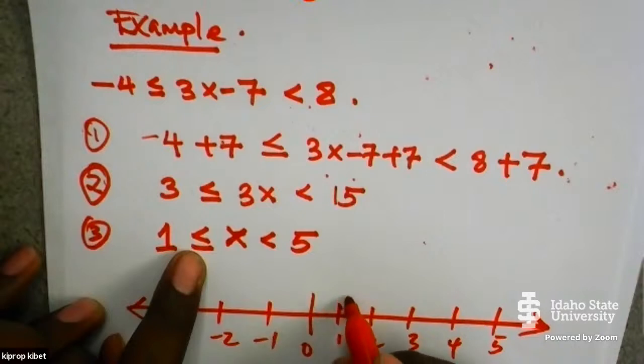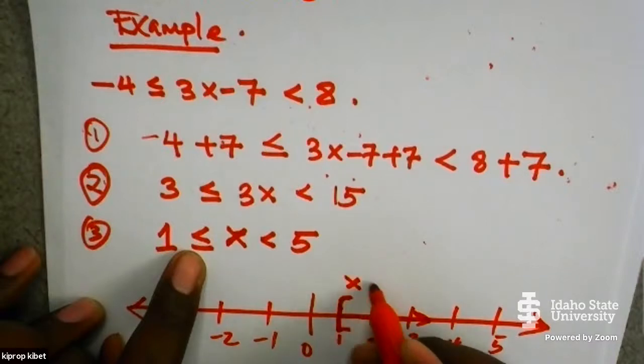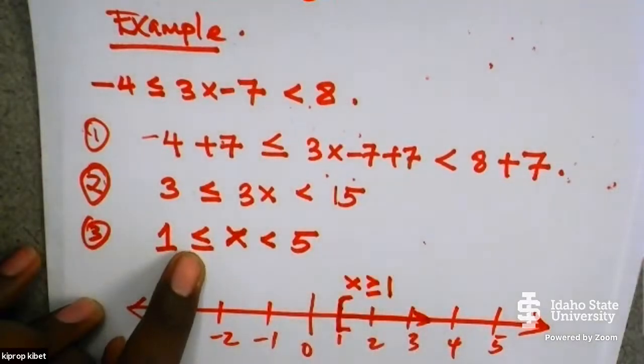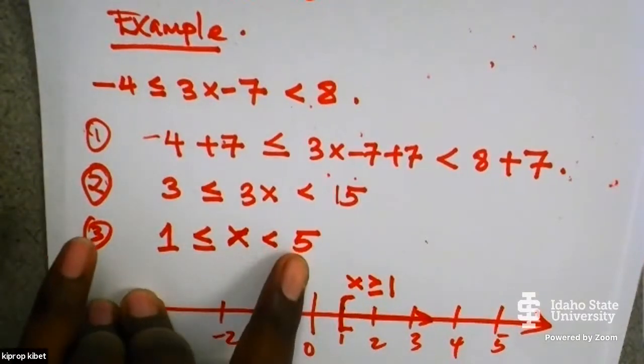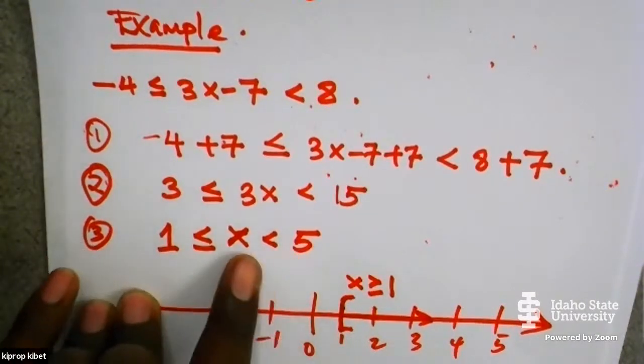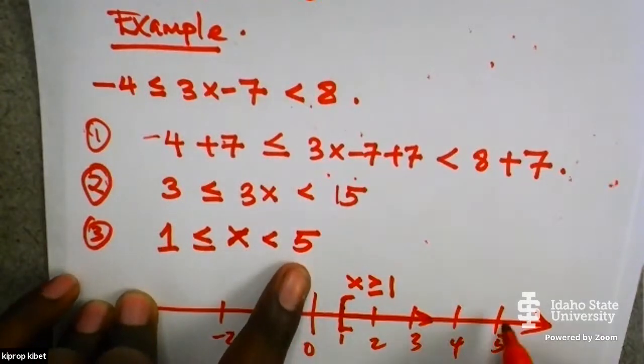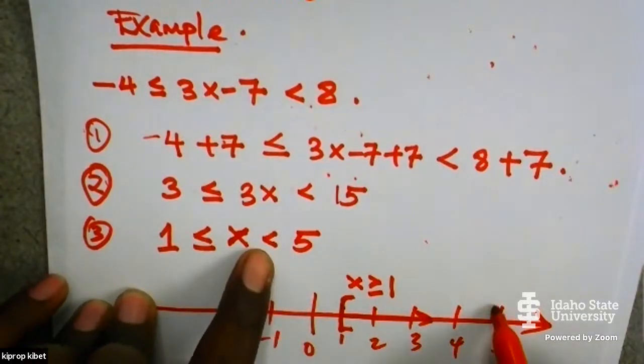Closed. So the values of x which are greater than 1 are going in this direction. So this is x greater or equals to 1. Then you come here, x less than 5. So this is x less than 5.